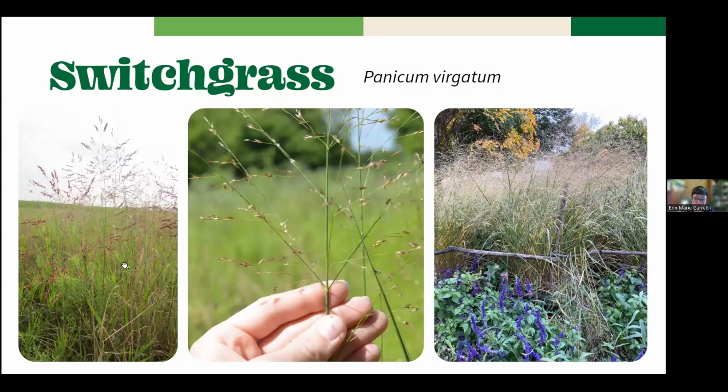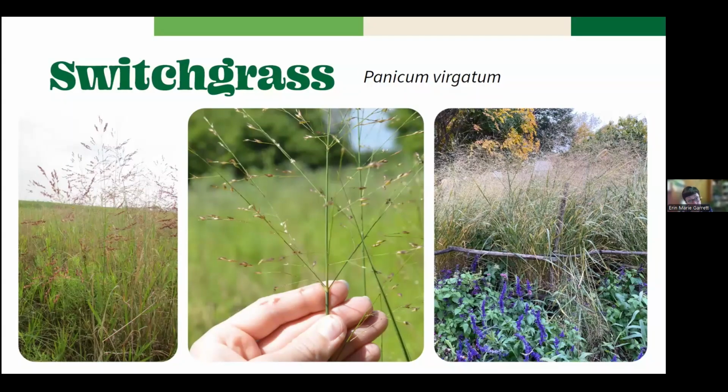Okay, and then a few views of it in bloom. This one's super hard to photograph just because of how open and airy it is, but hopefully you can see some of that color. You get some of that reddish spikelets in here. This is a view of it in a garden setting, and it just looks beautiful. I love switchgrass. This one you can see some of the foliage can turn more of a yellow color too in the fall.